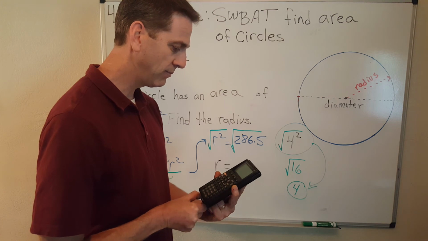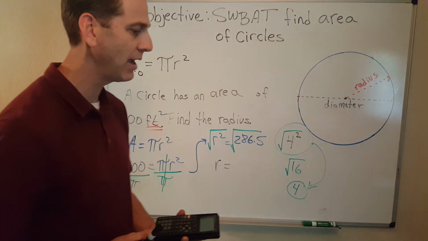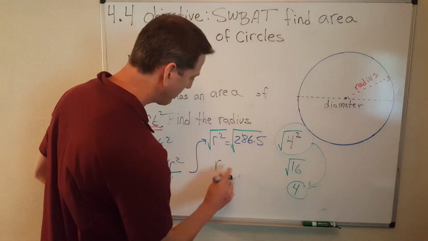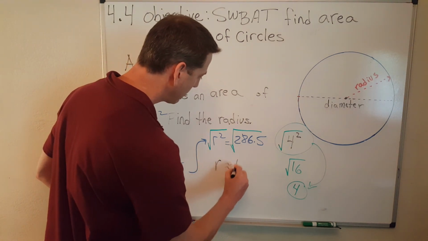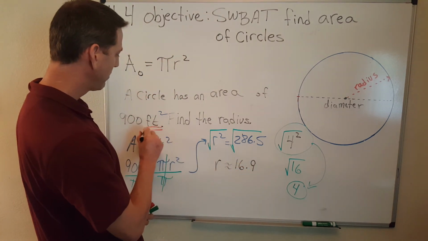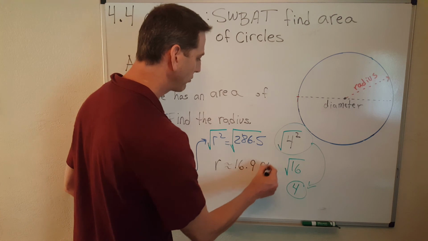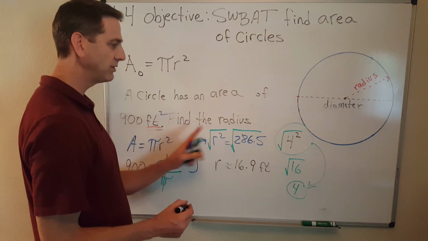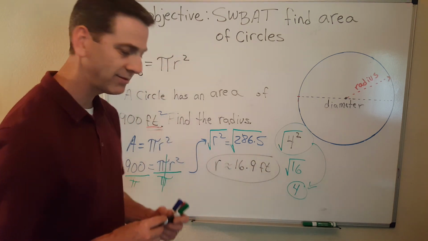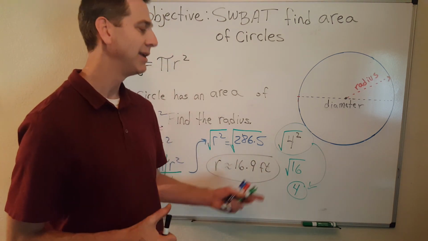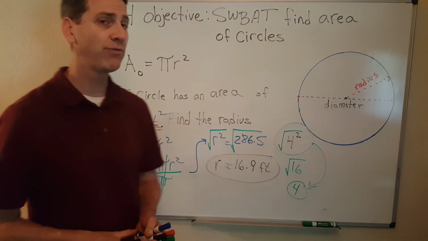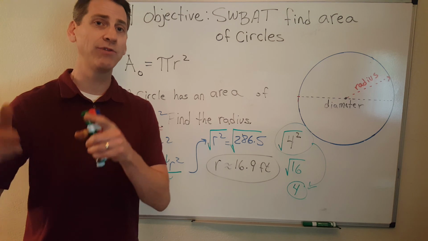I get about 16.9. And that is in feet, not feet squared. Radius is just in feet. If you were rounding that to the nearest whole number, of course it would be 17 feet.